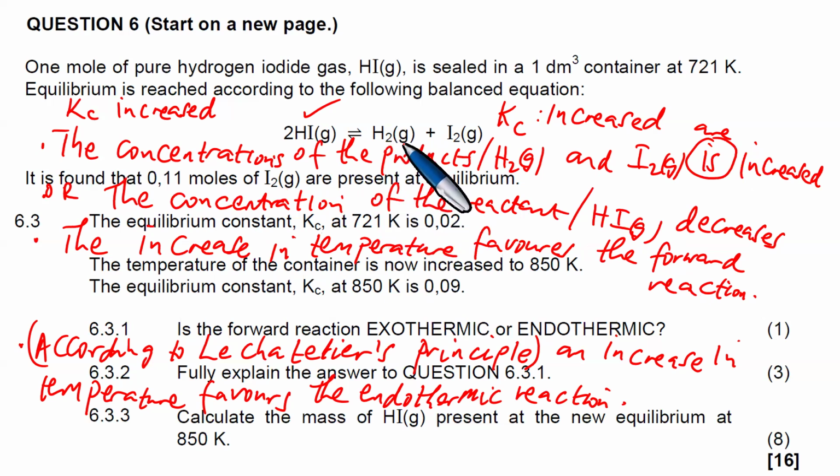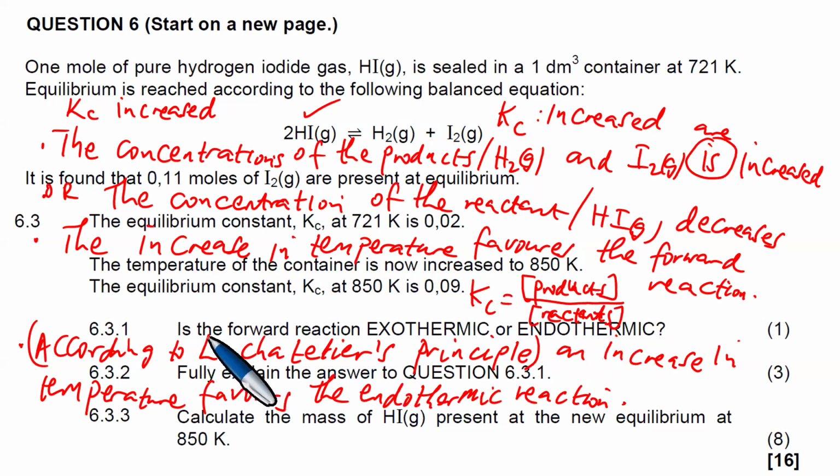How do we know it favors the forward reaction? Because the Kc increased. How does an increase in Kc show that? Because Kc is the concentration of the products divided by the concentration of the reactants.